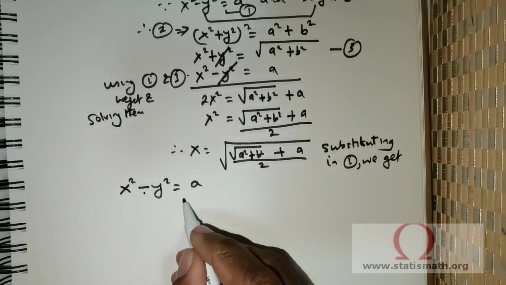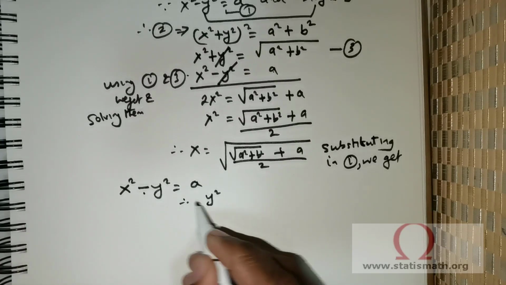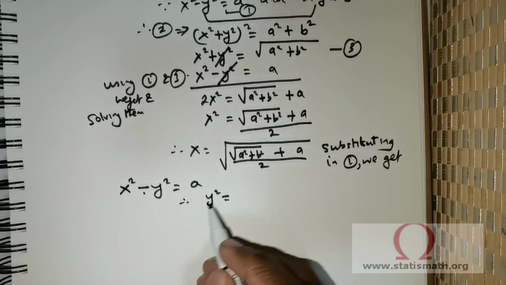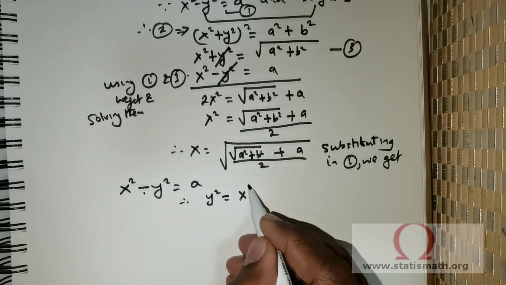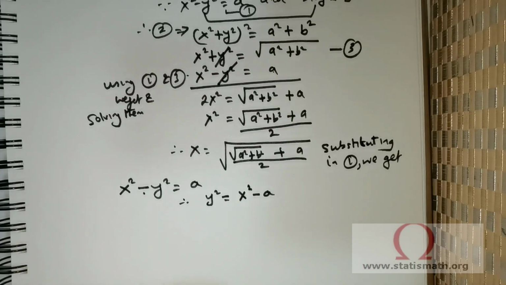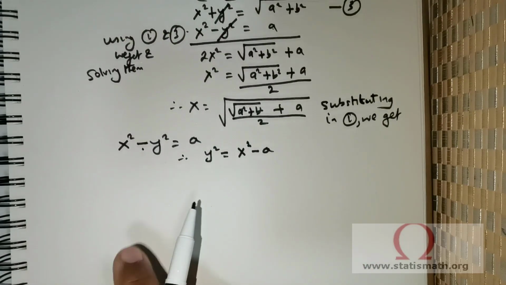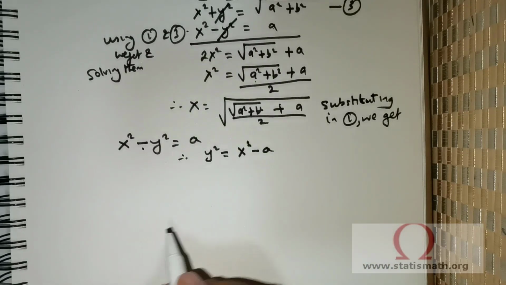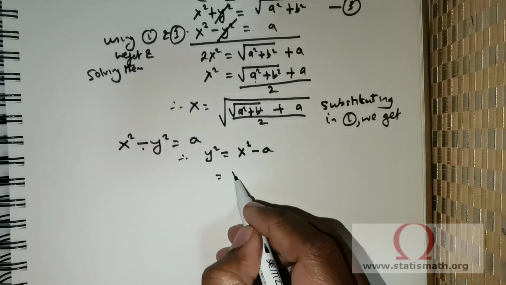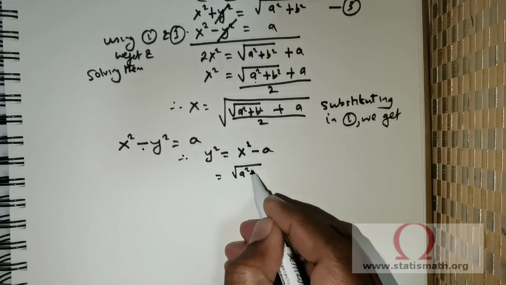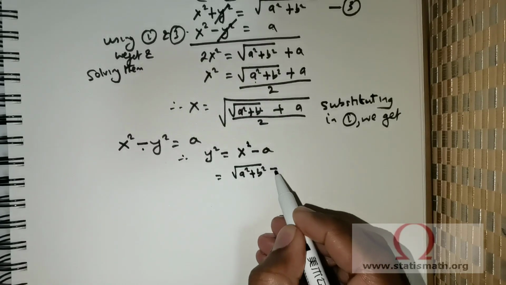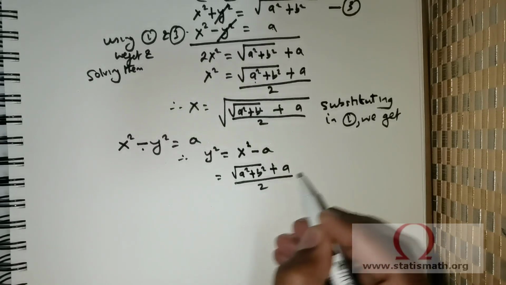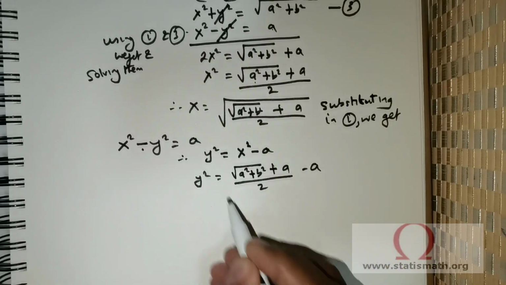So from here I can write y squared, interchanging, this is going to be x squared minus a. So if I substitute the value for x squared here, this is going to be root of a squared plus b squared plus a divided by 2, minus a, this is my y squared.